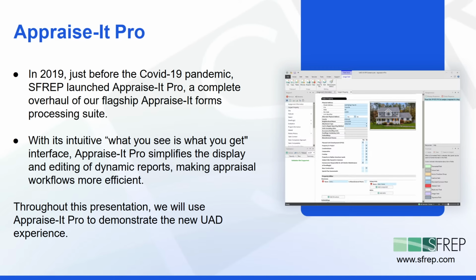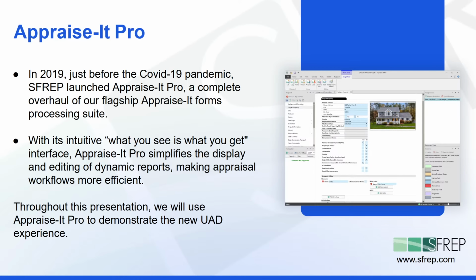So I'm going to go into some technical details here for you. The UAD 3.6 report, when you deliver it, our software, everybody else's software, is going to spit out a zip container file, zip that you've known for decades, that same zip. Inside of that zip file, there's going to be the MISMO XML.